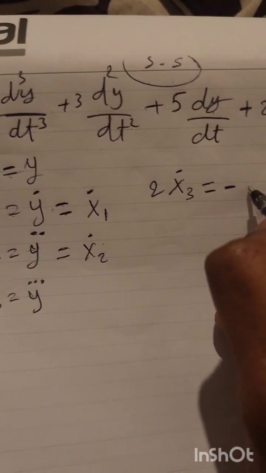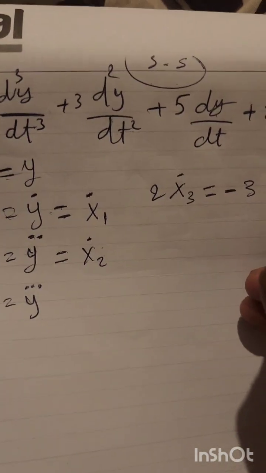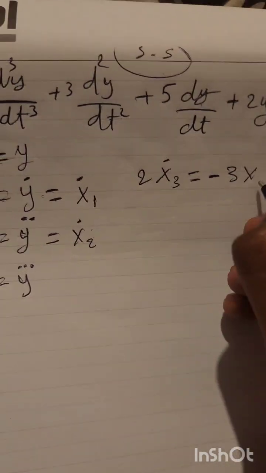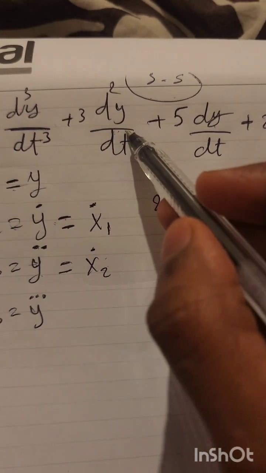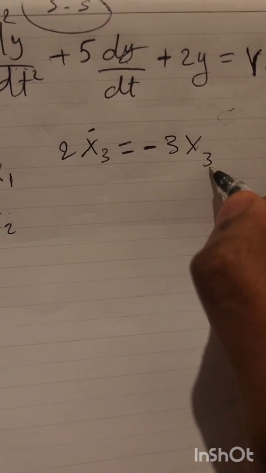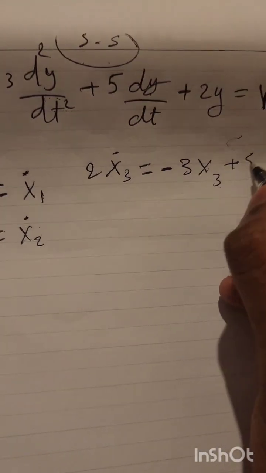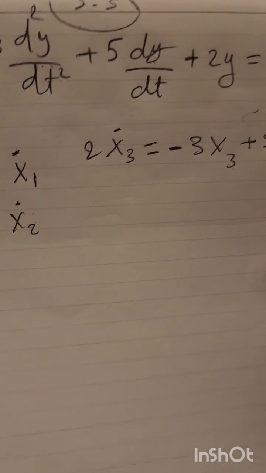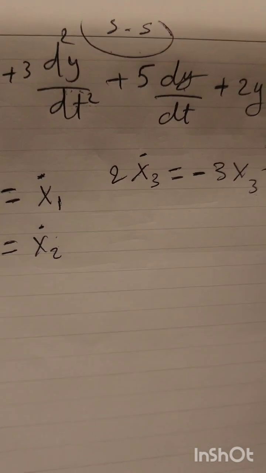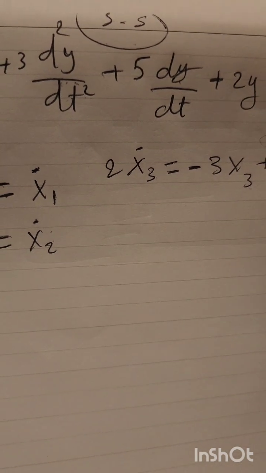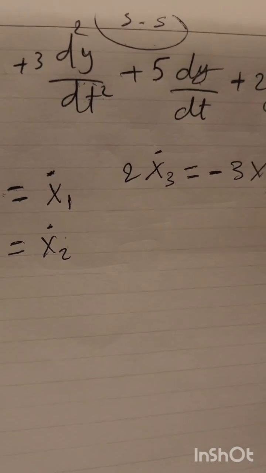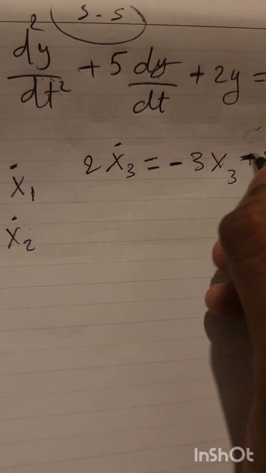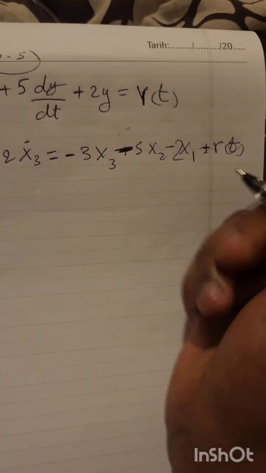So it's minus 3 x3. x3 here is the second derivative, as we see here. So minus 3 x3 plus 5 x2 minus, sorry, 2 x1 plus r(t). We have here minus. So it's clear, I think.